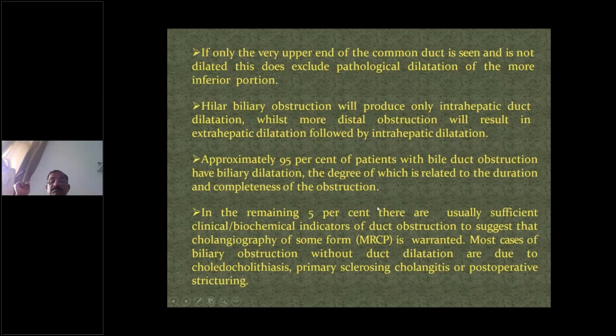In that case, MRCP is highly warranted because in a few cases there may not be significant dilatation despite the obstruction being there. Most of these cases where obstruction is there without significant dilatation are mainly related to small biliary stones, primary sclerosing cholangitis, or postoperative stricture.